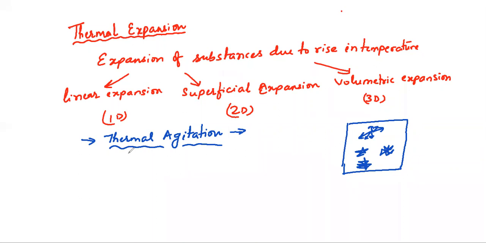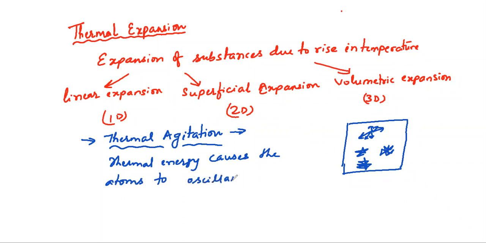So thermal energy basically causes thermal agitation. Thermal energy causes the atoms to oscillate randomly.